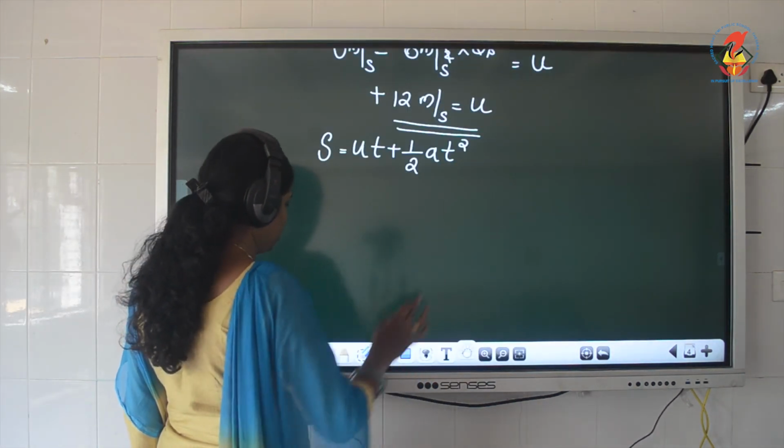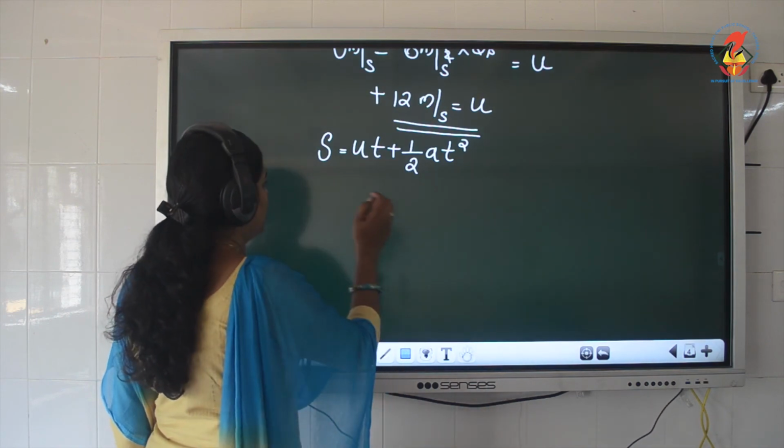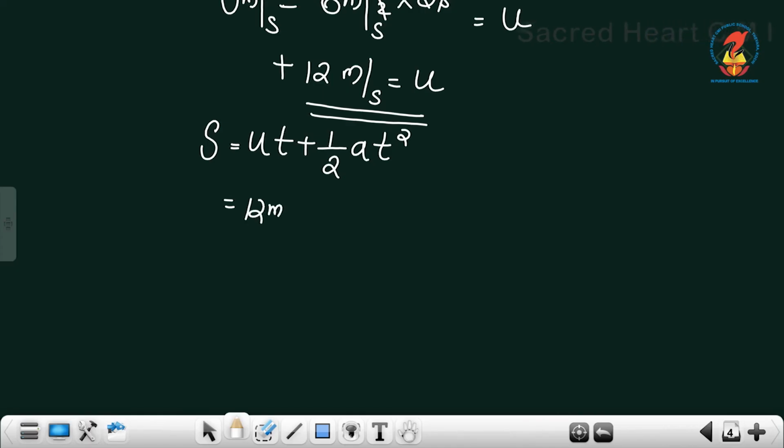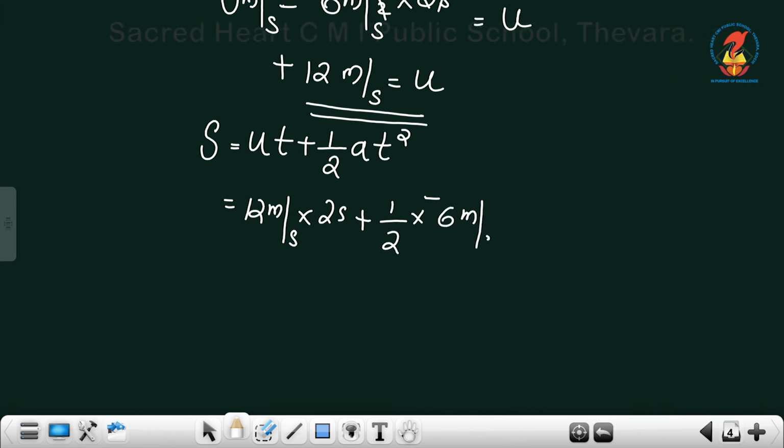I will substitute in this one, that is 12 meter per second into 2 second plus 1 by 2 into minus 6 meter per second square into t square, that is 2 second into 2 seconds.